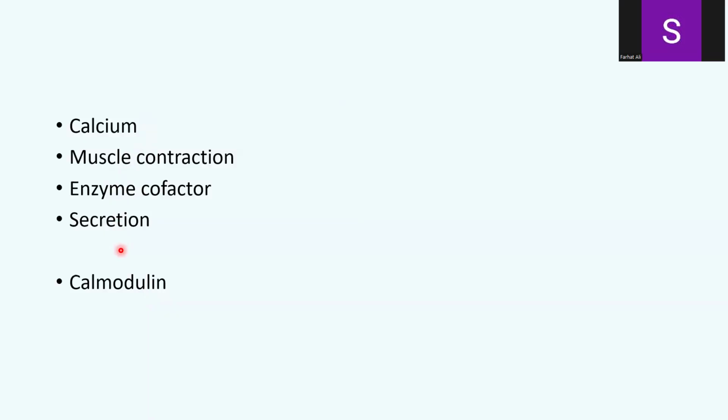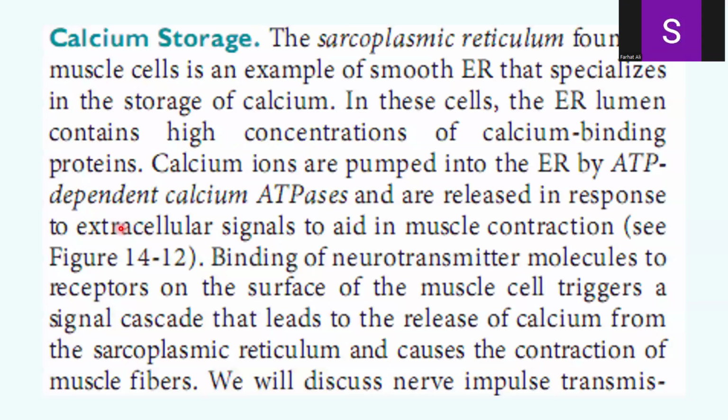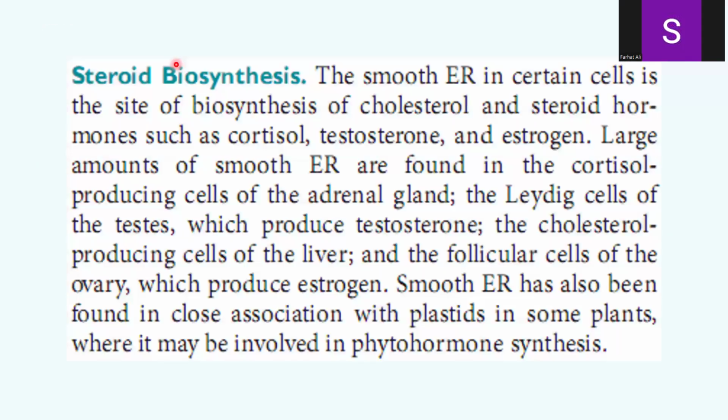And calcium is stored in the smooth endoplasmic reticulum. And the smooth ER is also important for steroid biosynthesis. So the different types of hormones which are derived from cholesterol. So steroids are actually hormones which are derived from cholesterol.